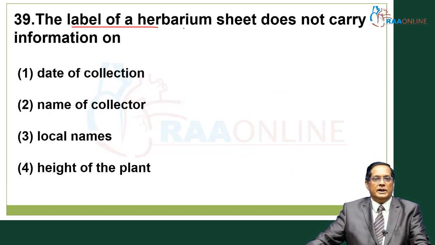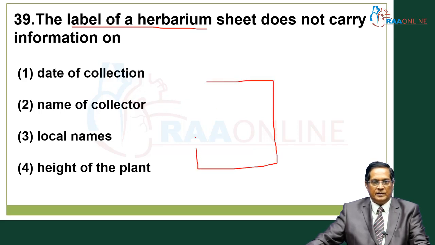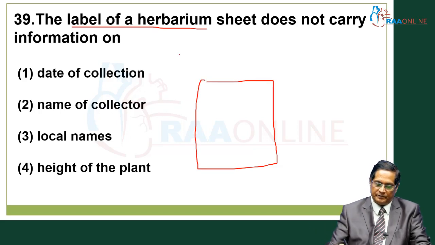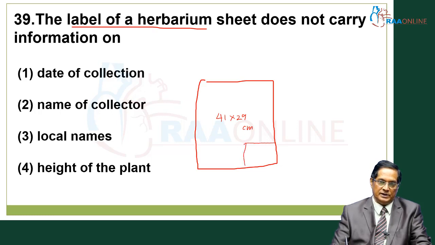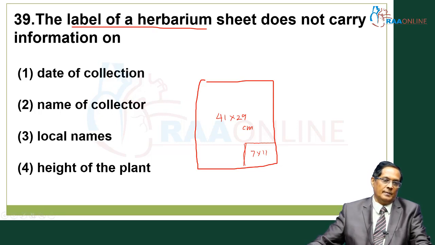Now the herbarium sheet, and its size is also fixed. The size of the herbarium sheet is 41 into 29 centimeter, and at the base a label is pasted. The size of the label is 7 into 11, and a number of pieces of information are associated with the label.